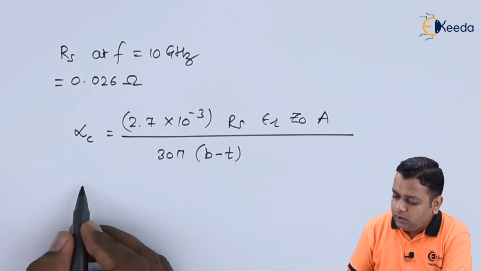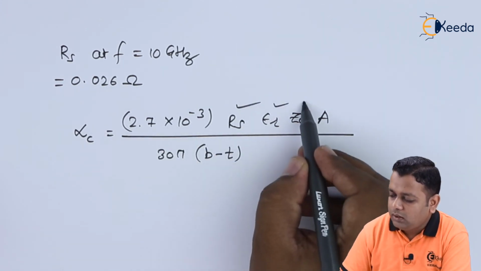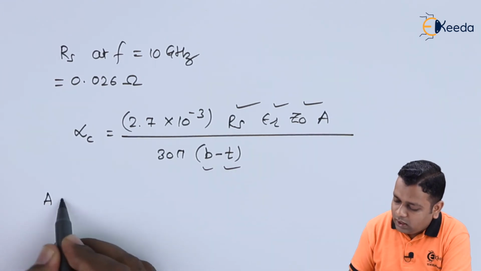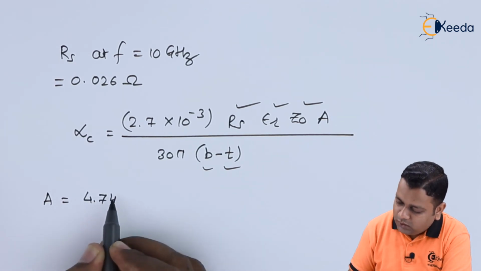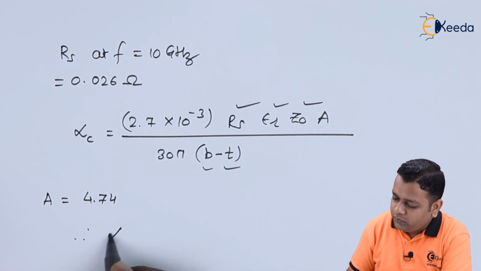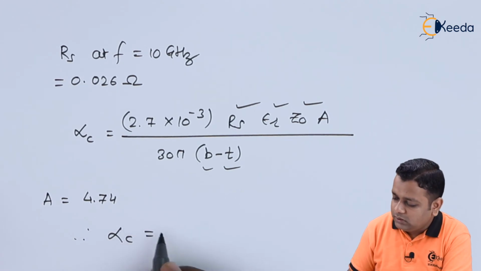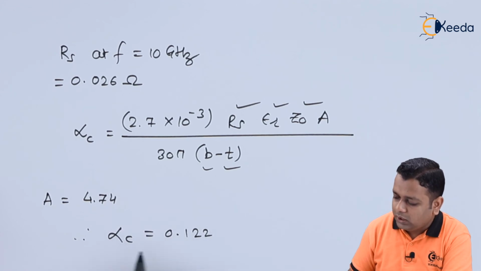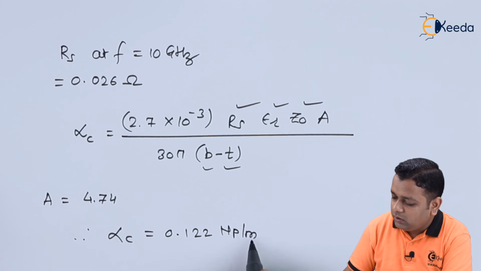Here Rs, epsilon R, Z0, B, and T are all given to us, and when capital A is obtained as 4.74, the attenuation constant alpha C results in 0.122, again expressed in Nepers per meter.